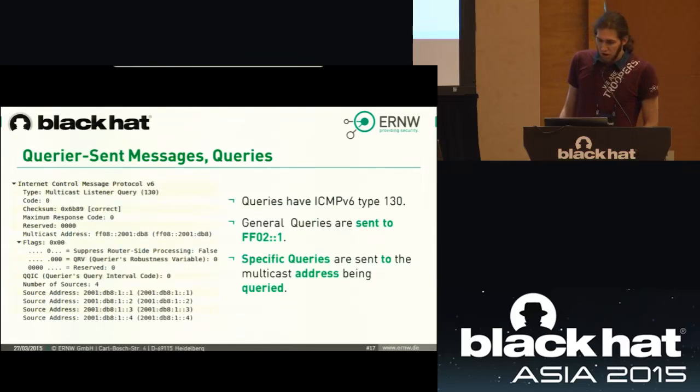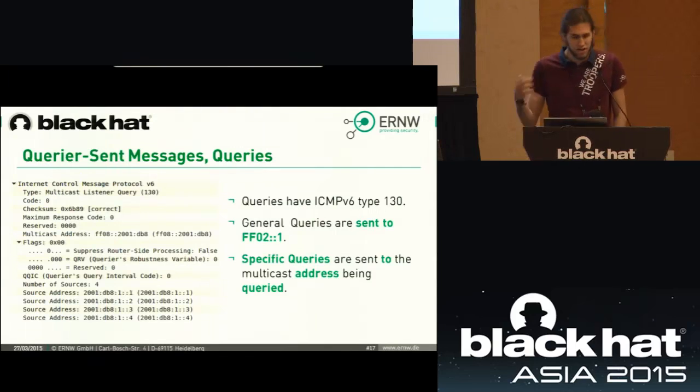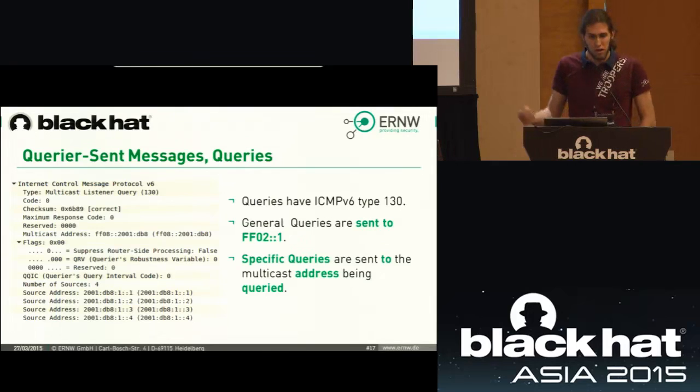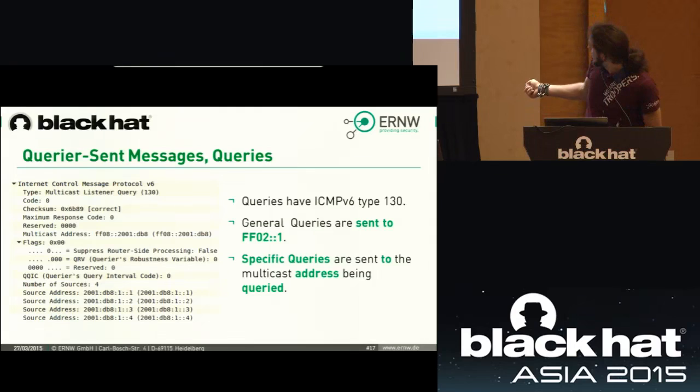So how does it look? Our query is an ICMP message of type 130 and contains the information that in our network infrastructure some listeners can contact the routers to get multicast groups, and it is sent to FF02::1.